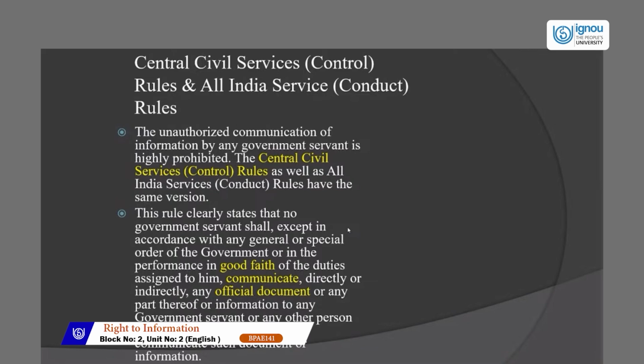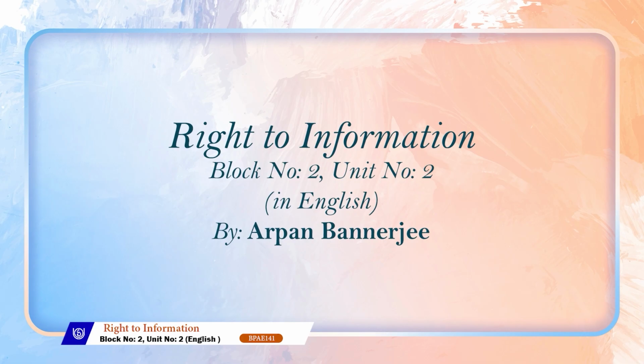We have discussed Section 8 of the RTI Act of 2005, and as part of that, we have discussed subsections 1, 2, and 3. We have also discussed the limitations that have been imposed by the Official Secrets Act of 1923 and the Indian Evidence Act of 1872, and also the Central Civil Services Control Rules and the All India Services Conduct Rules, and the limitations and restrictions they have imposed on the operation of the RTI Act in India.